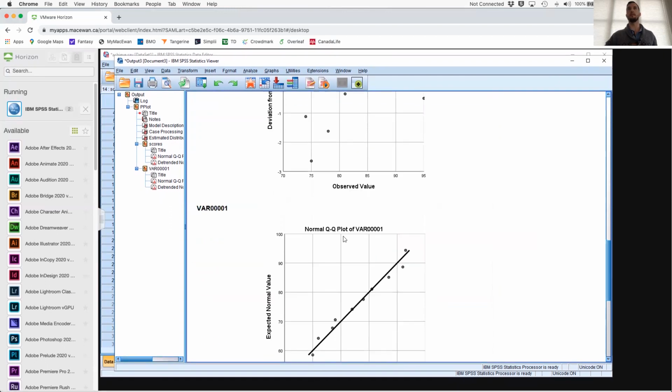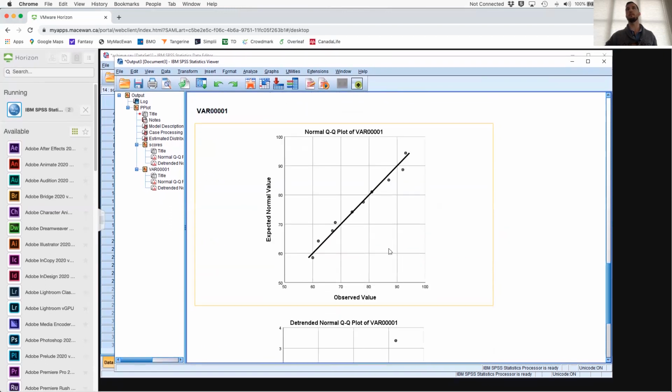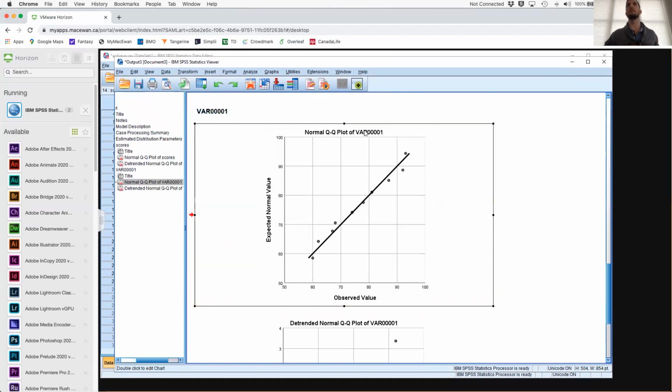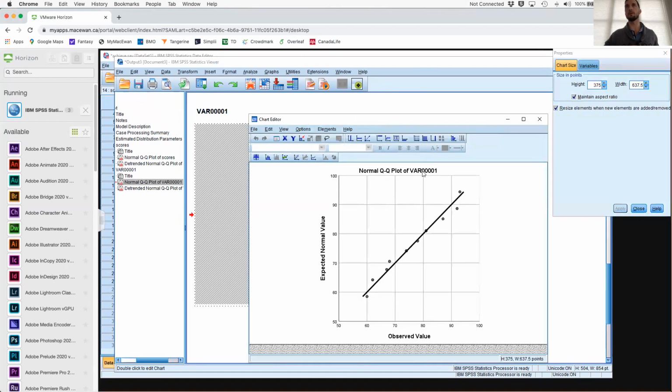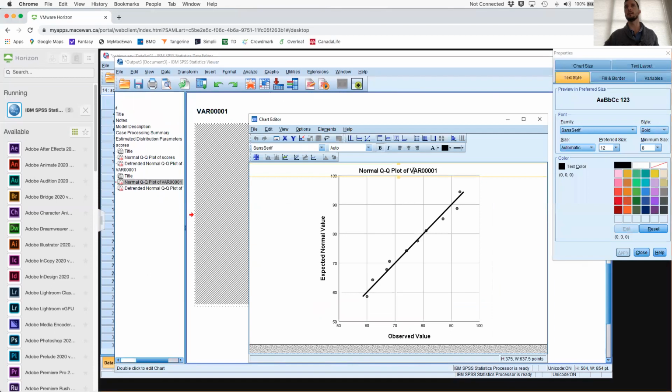And here is the QQ plot for the female scores. Now, I didn't do this with the first one, but I should have. We can also just change the title so that we can show what we are looking at here.